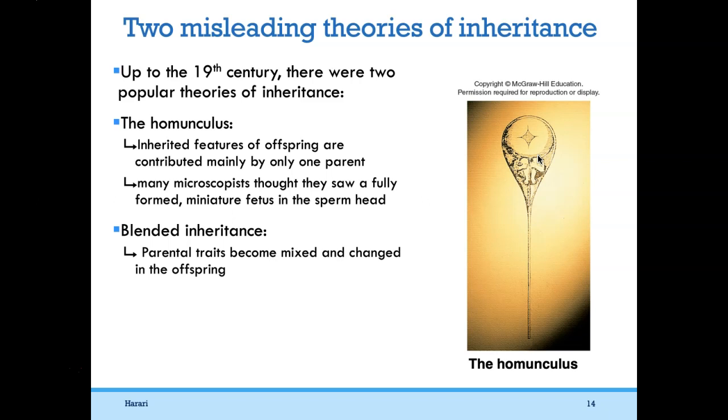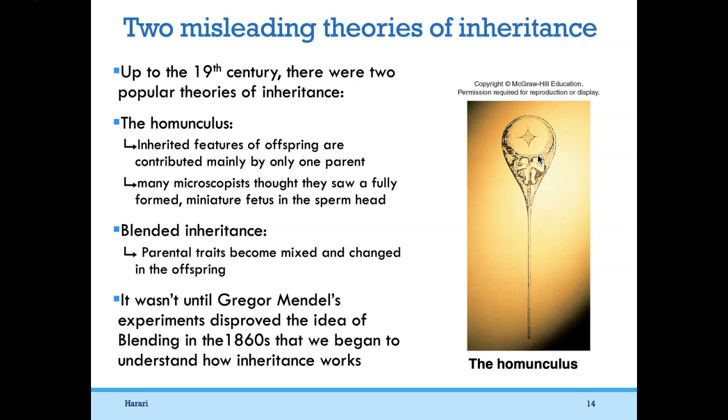Another theory that was a little more logical, I think, was that parental traits become mixed, creating offspring with an intermediate. So for example, if a tall dad and a short mom got together, they would have intermediate children. If a black bird and a white bird had children, they would all be gray.